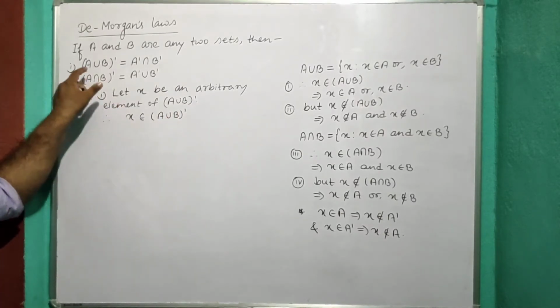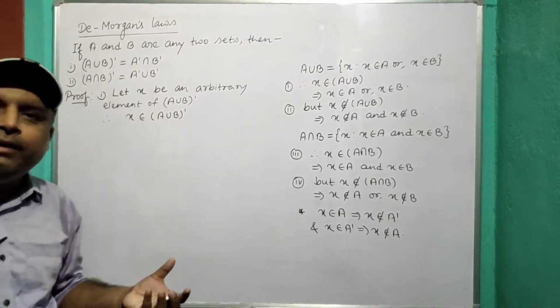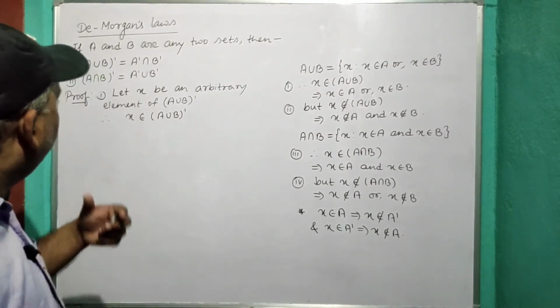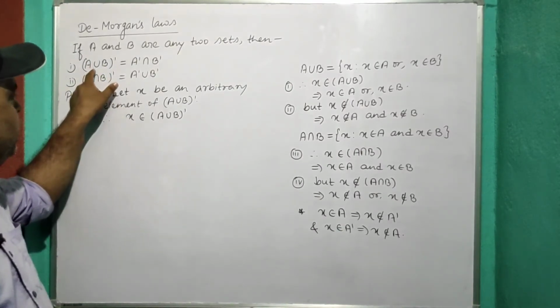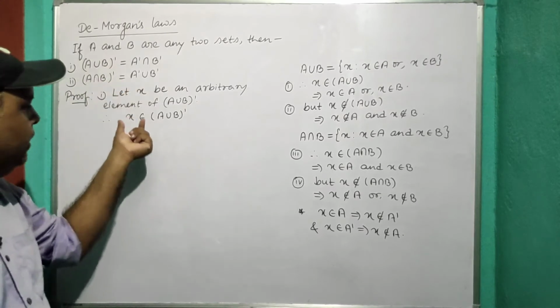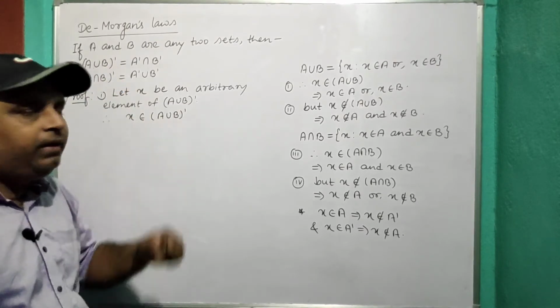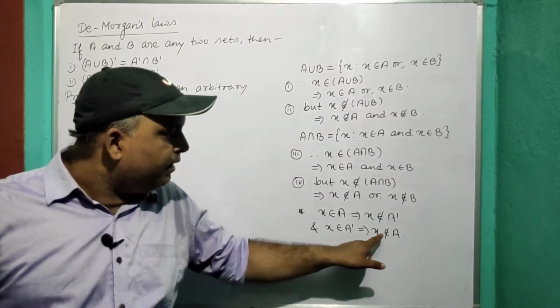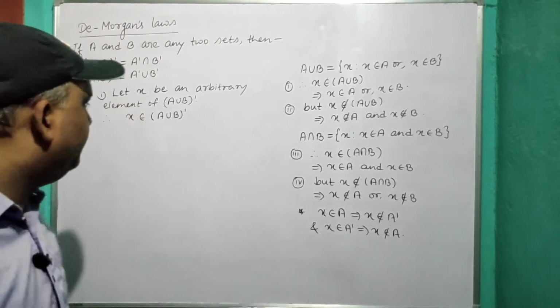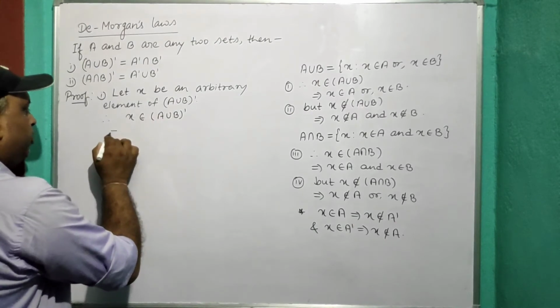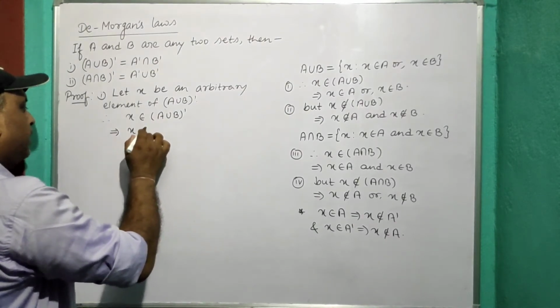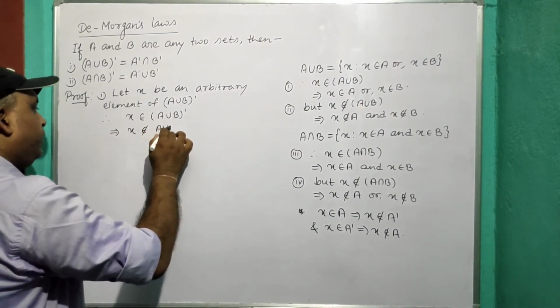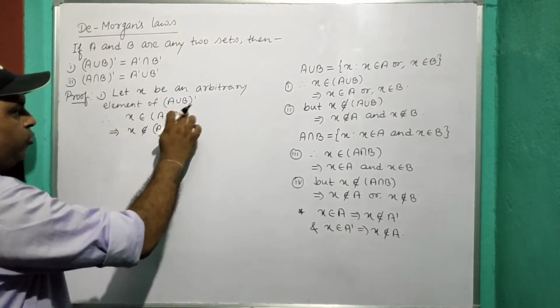So according to this, I have started by taking one element x which belongs to the complement of A union B. That is, x belongs to A union B dash. And I have written here that if x belongs to A dash, then x does not belong to A. So from this you can write x does not belong to A union B, because it belongs to its complement.